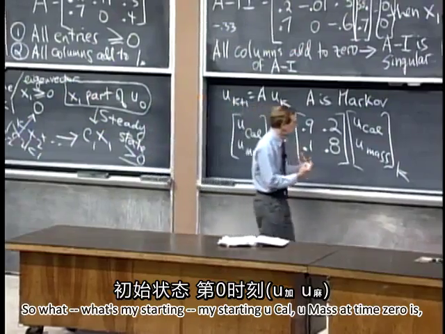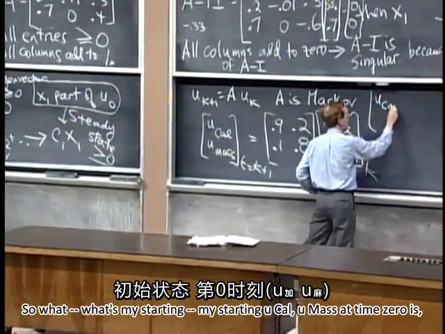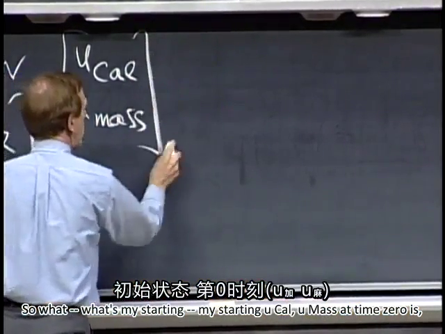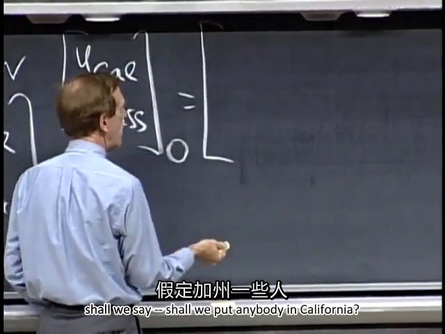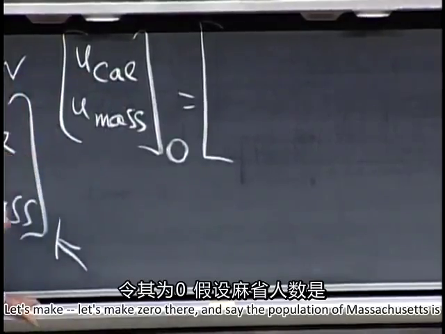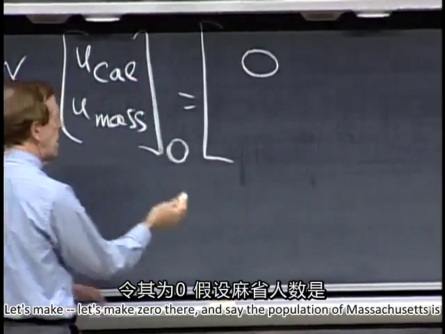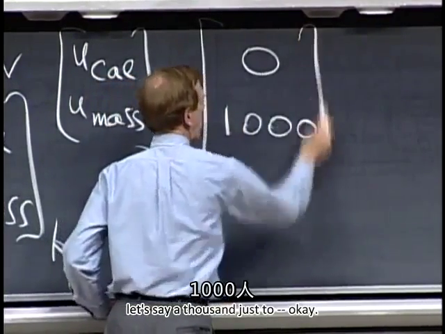So what's my starting U Cal, U Mass at time 0? Shall we put anybody in California? Let's make 0 there. And say the population of Massachusetts is, let's say, 1,000 just then. Okay.